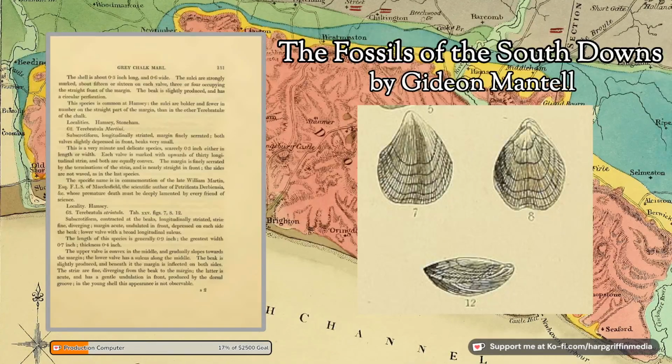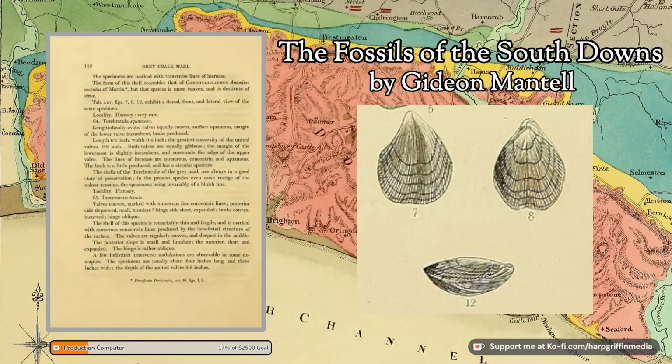The beak is slightly produced, and beneath it the margin is inflected on both sides. The striae are fine, diverging from the beak to the margin. The latter is acute and has a gentle undulation in front, produced by the dorsal groove. In the young shell this appearance is not observable. The specimens are marked with transverse lines of increase.